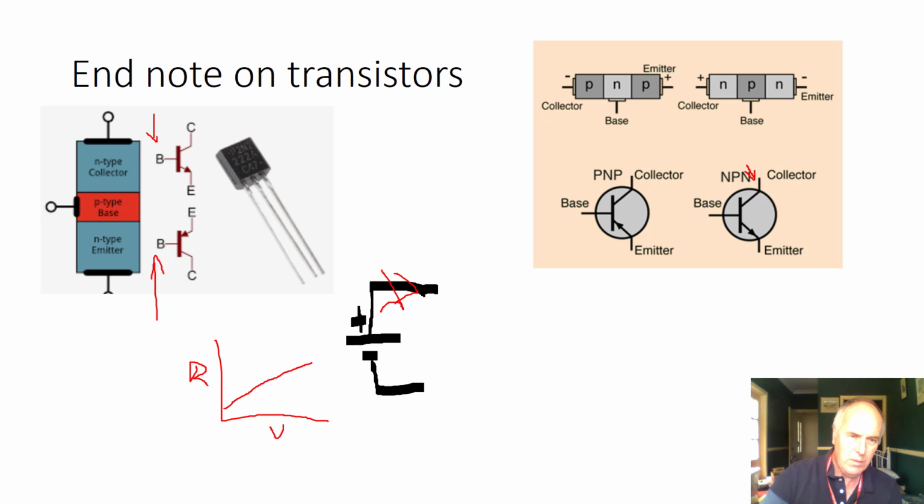And so what that means is that transistors are in fact constant current sources, devices which provide constant current, and this is the thing that is really poorly explained.